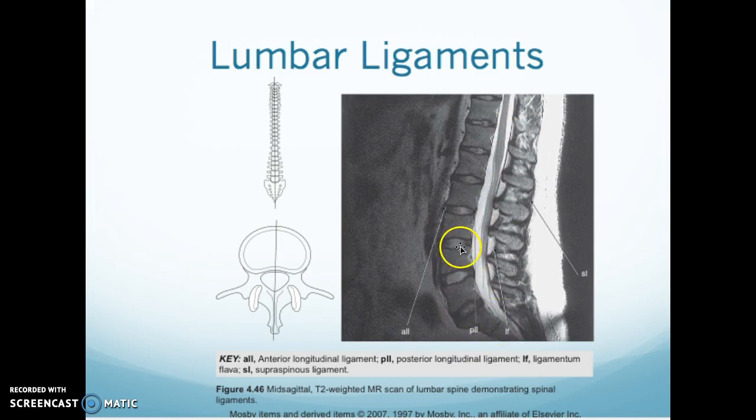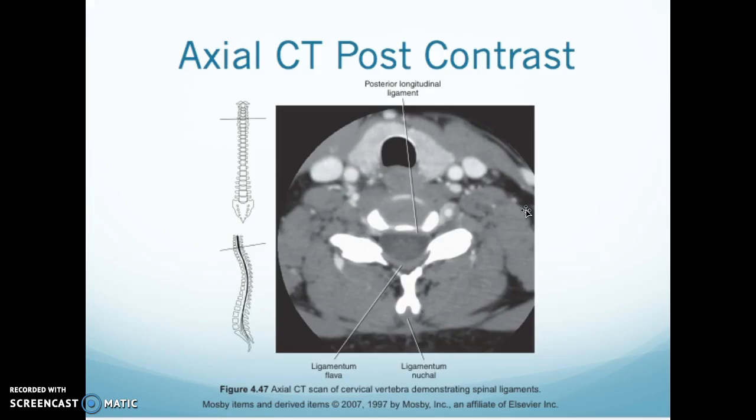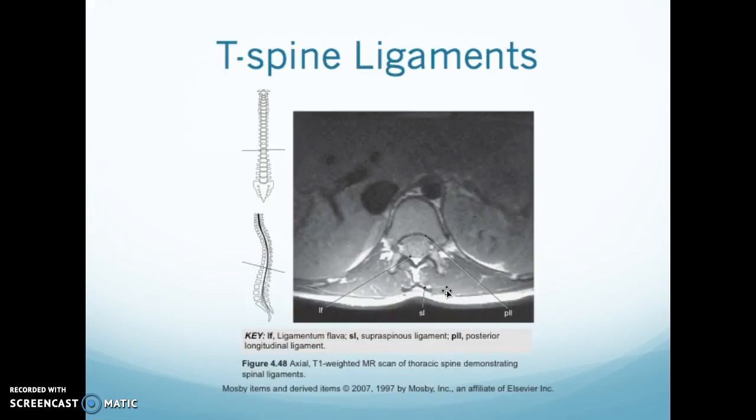And we have your ligamentum flava here, flava, however you want to say it, and your supraspinous ligament back here between each spinous process. This is a CT, just post-contrast, IV contrast, and this is the disc here. You have your ligamentum flava, and that's about all I want you to know on that.